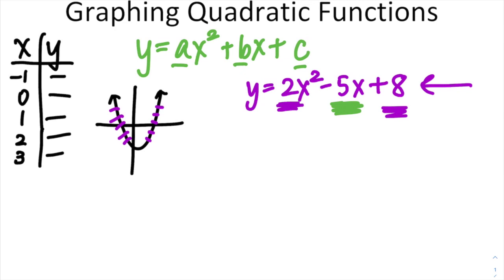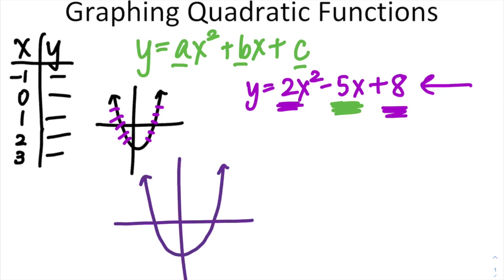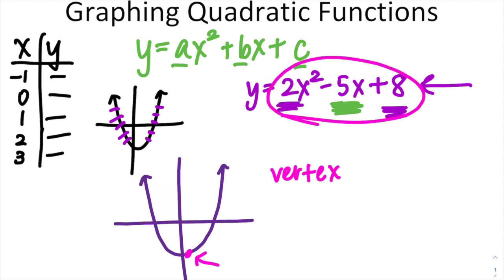Whenever you were learning quadratic graphs to begin with, we talked about some key features. One of them was the vertex. The vertex is either the highest point or the lowest point on the graph. In this particular example, it's the lowest point. To find the vertex when you're given an equation in standard form, you can find the x value of that coordinate by the formula x equals -b divided by 2a.